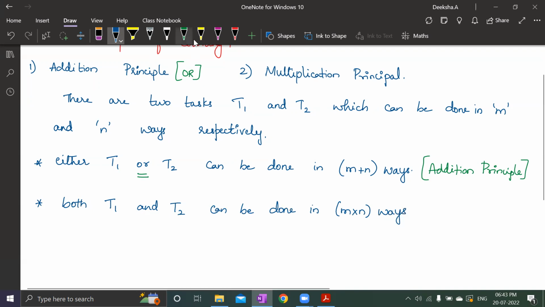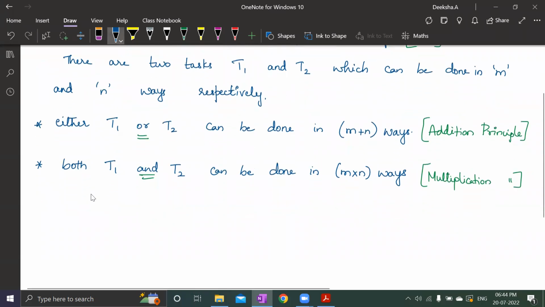So if we are using the word and, this is the multiplication principle. Are you writing these points? If you're using the word and, then you will have to multiply them.